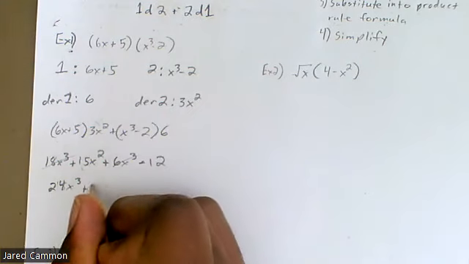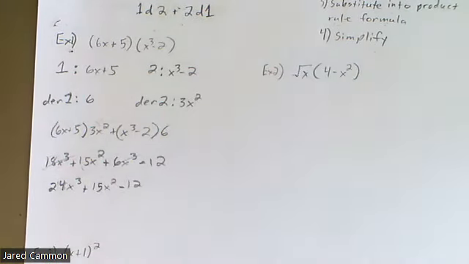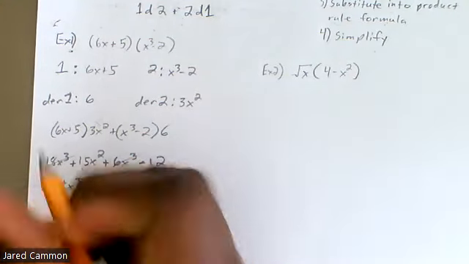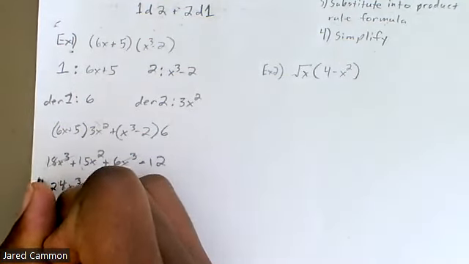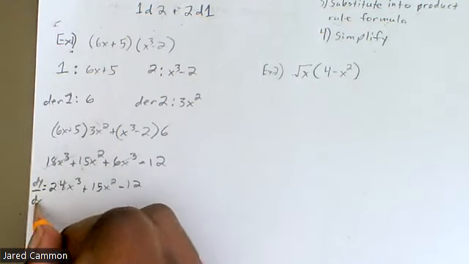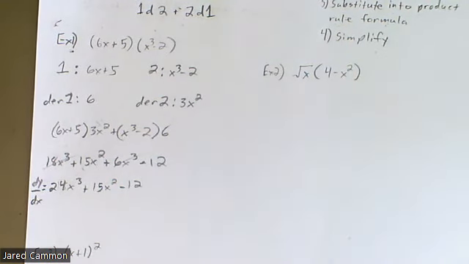And then we have plus 15x squared minus 12 will be our derivative. So in the case where they gave us the original expression as y, we'll say dy dx equals 24x cubed plus 15x squared minus 12.